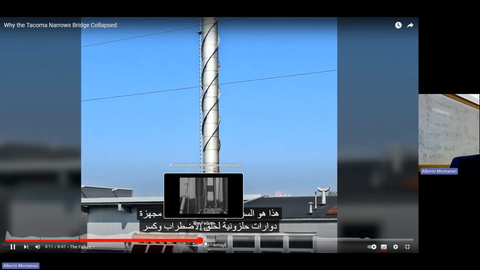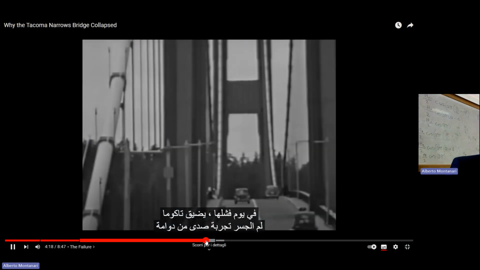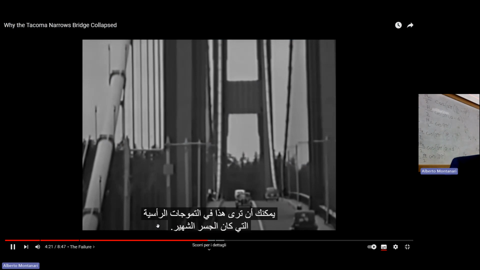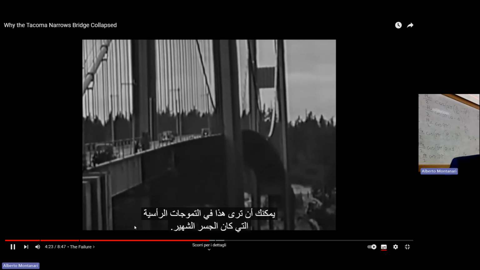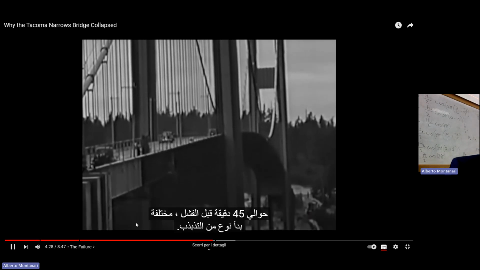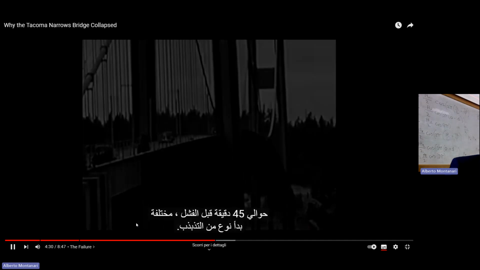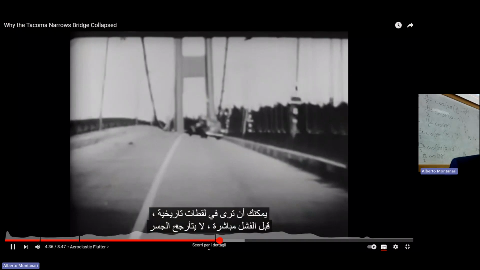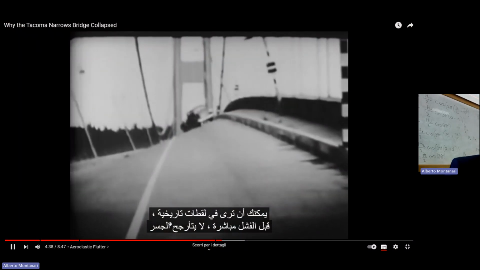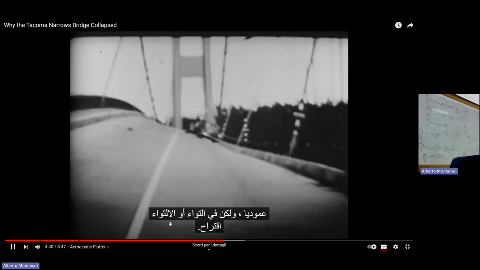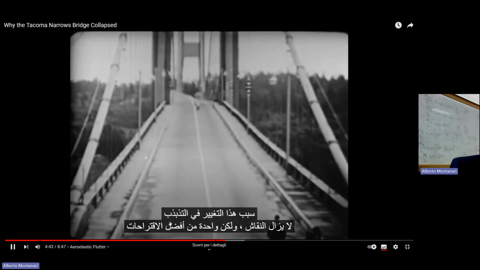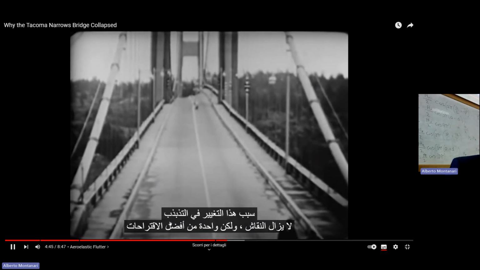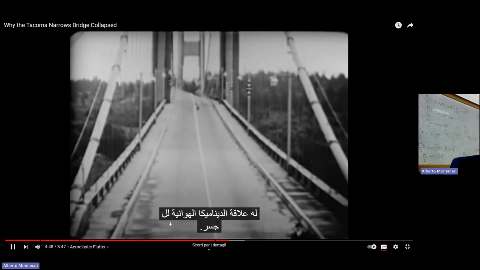You can see this in the vertical undulations for which the bridge was famous. But this resonance isn't why it failed. About 45 minutes before failure, a different kind of oscillation started. Footage shows that right before failure, the bridge isn't oscillating vertically, but in a twisting or torsional motion. The reason for this change in oscillation is still debated, but one of the best suggestions has to do with the aerodynamics of the bridge.